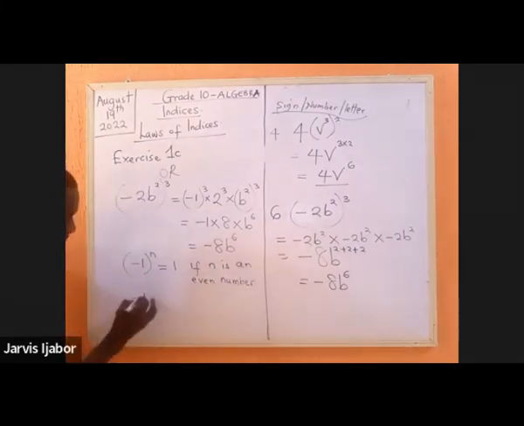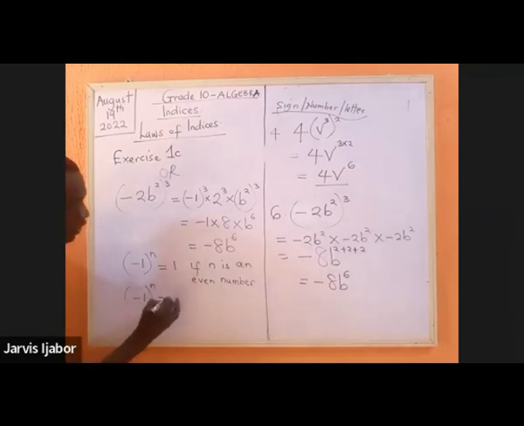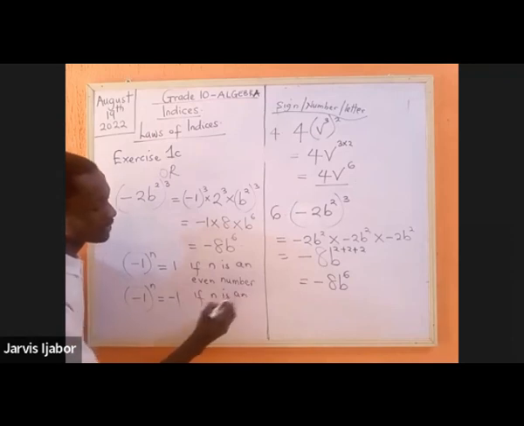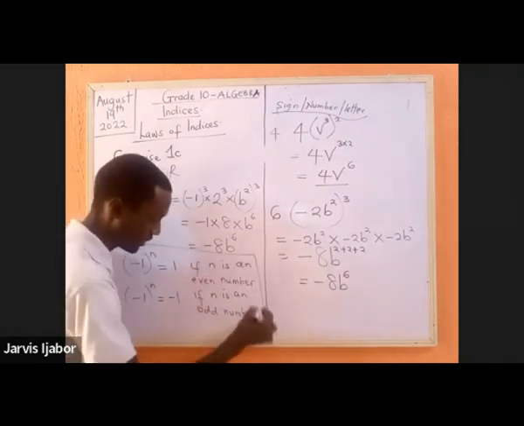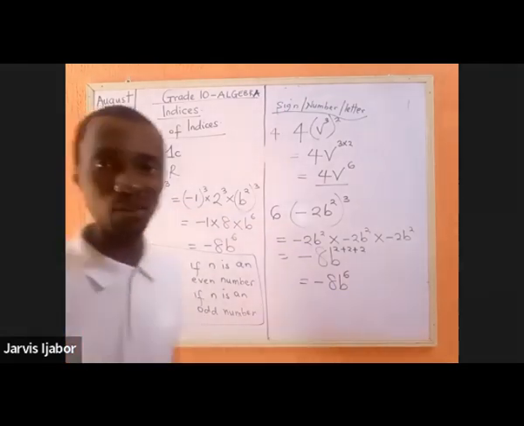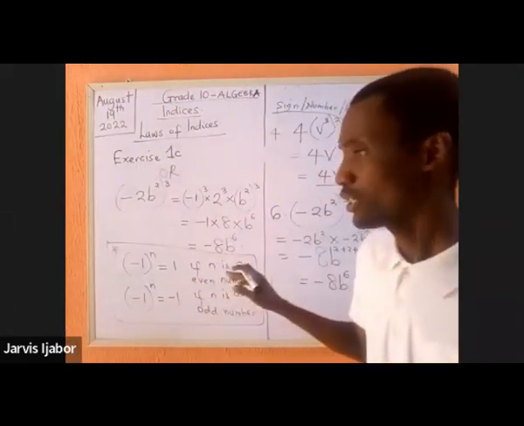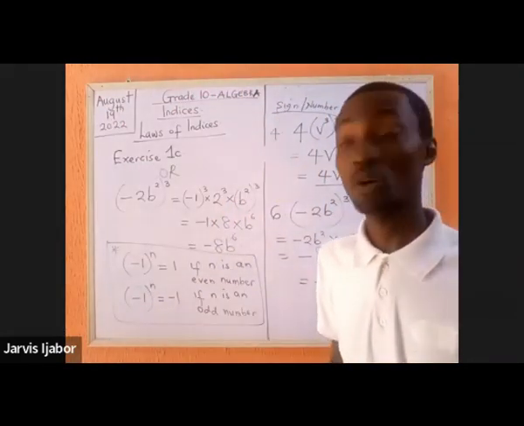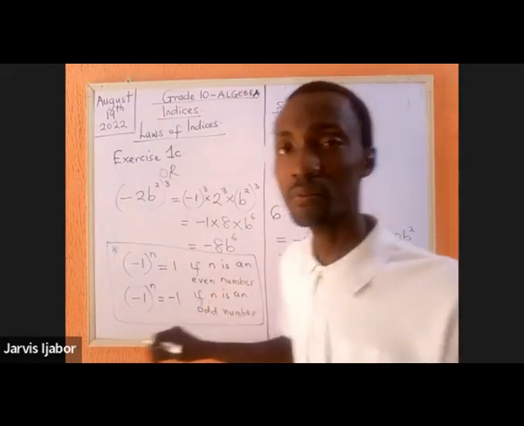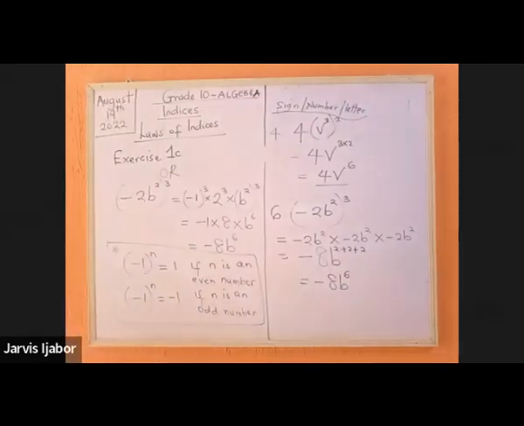But this same thing will be equal to negative 1 if n is an odd number. This is another law that you're expected to take note of at this point. So please take note of this. It's another crucial idea that you need to remember, because it would help you answer other questions. All right, let me give you some time to breathe.